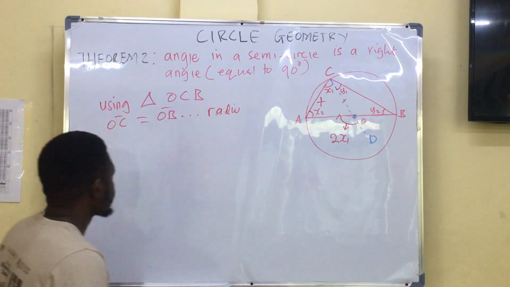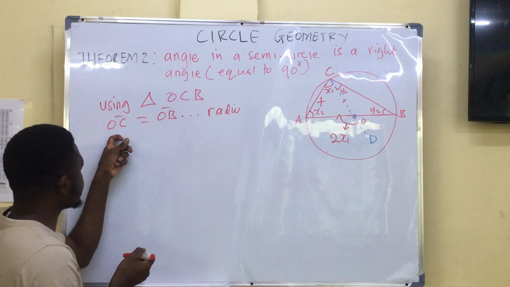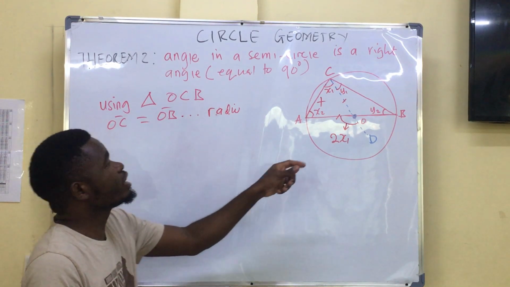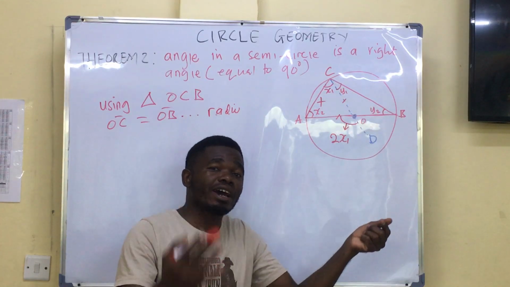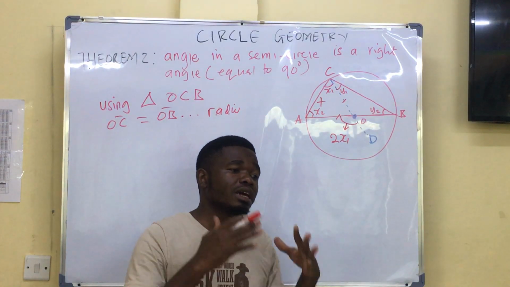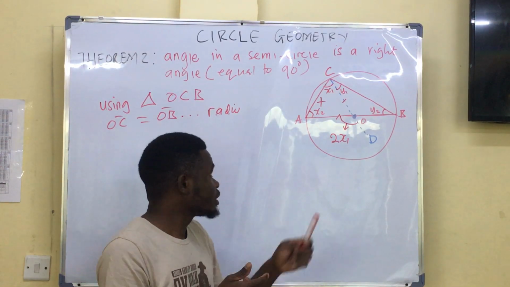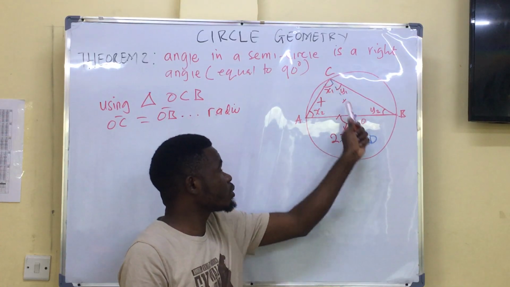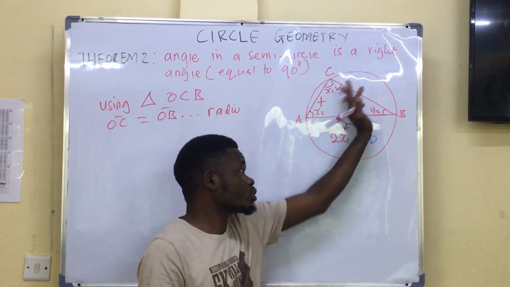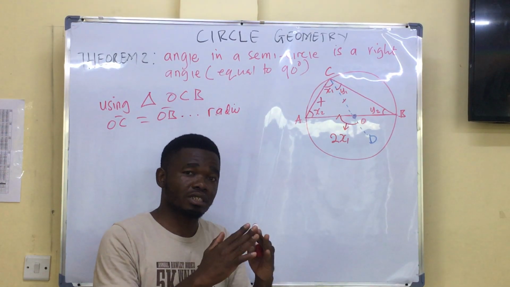So if line OC and OB are equal, meaning that the triangle is an isosceles triangle as well. Why? Two opposite sides of an isosceles triangle are equal, right? If OB and OC are equal, they are making two opposite sides of that triangle.